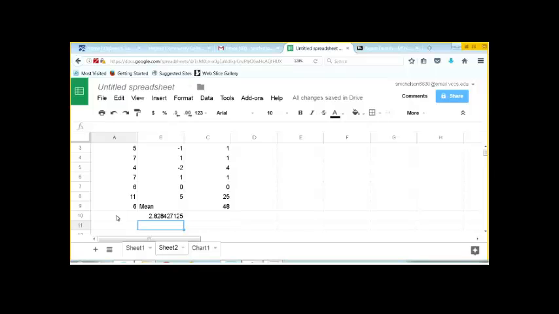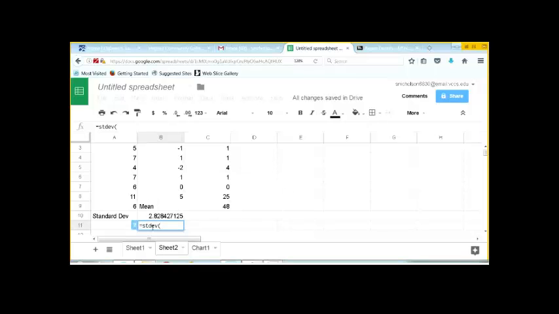And of course, this is a standard deviation. There's a built-in function. So let me just show you what that is. It's equals STDEV.